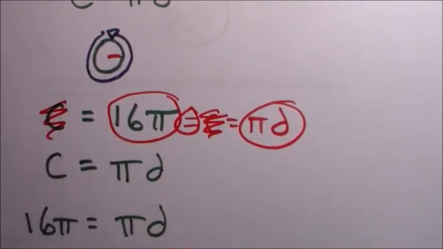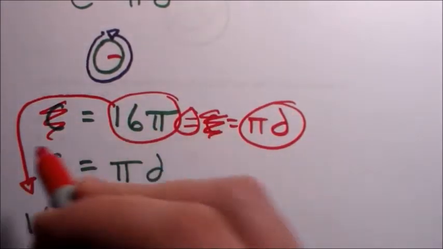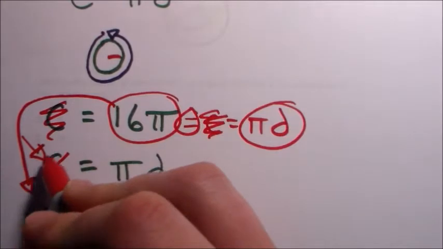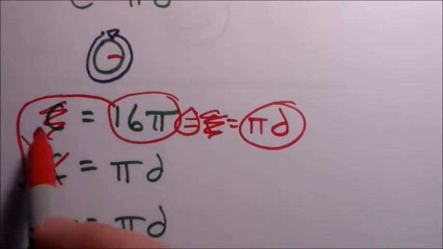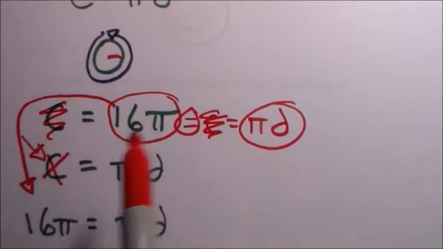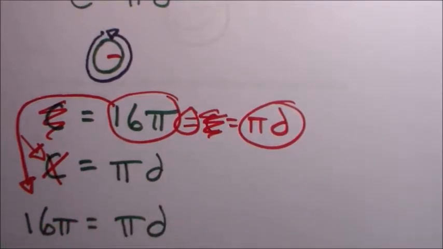That's the link that gets you there. So 16 pi can come down here and kick out that C, and 16 pi is now equal to pi d. If we know the circumference is 16 pi, and we know circumference is pi d, 16 pi has to equal pi d.